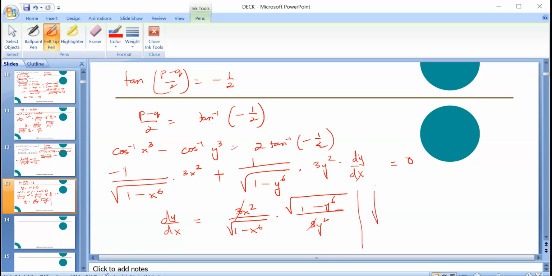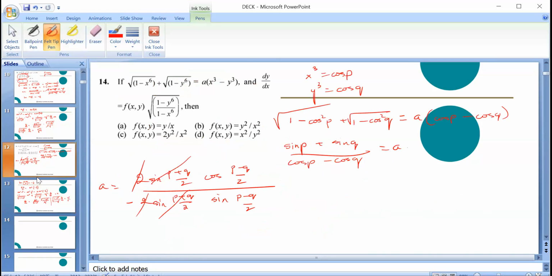And then you can write square root of 1 minus x power 6 by 1 minus y power 6 dy by dx will be equal to x squared by y squared. That is the option.